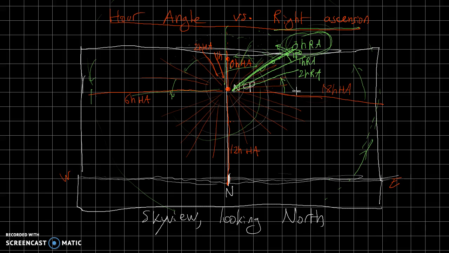So the right ascension is attached to the celestial sphere, and the celestial sphere rotates. So the right ascension lines rotate, while the hour angle is attached to you and therefore does not rotate. So the hour angle increases towards the west, and the right ascension increases towards the east, in the opposite direction.